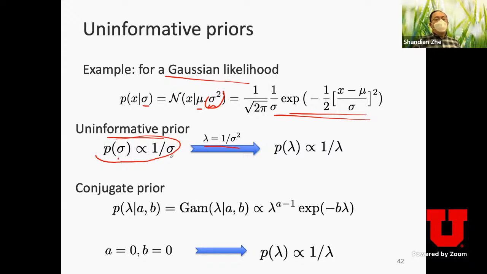If you do this random variable transformation and calculate the density, it will have the same form: the uninformed prior over the precision is proportional to 1 over the precision. Now, if you look at the conjugate prior, we know it's a gamma distribution. It has this form: lambda to the power of a minus 1, e to the power of minus b lambda. We can see that they're in general very different.